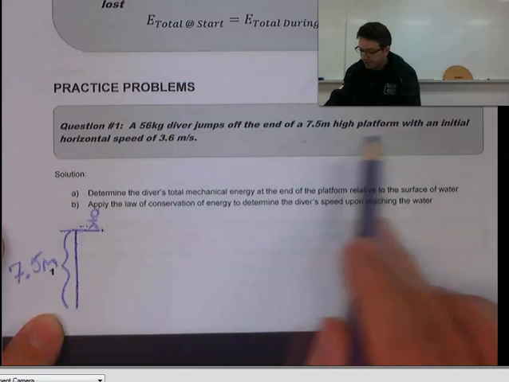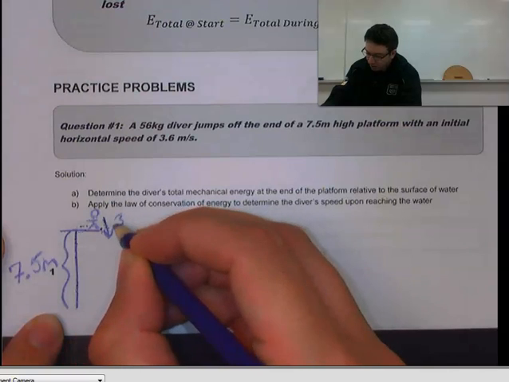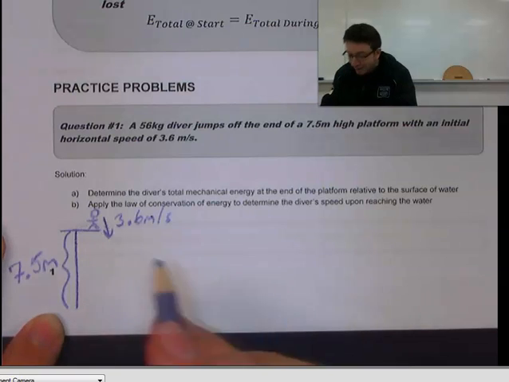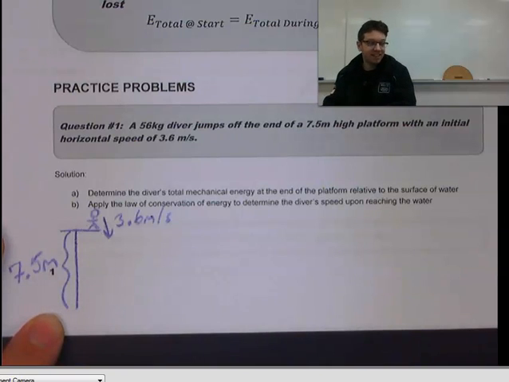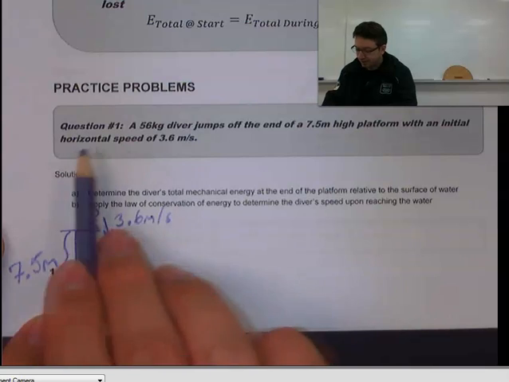And jumps off with an initial speed of 3.6 meters per second. Now the good news is, because energies are all scalar, we don't really care what direction that initial speed is. Doesn't matter.